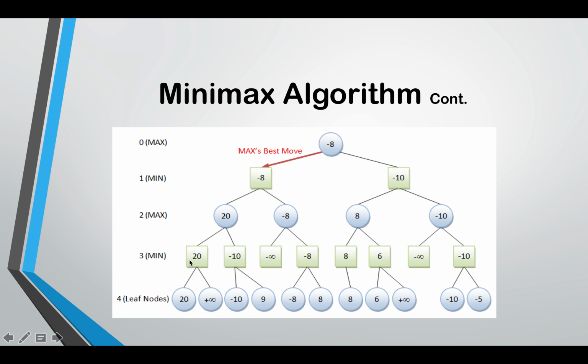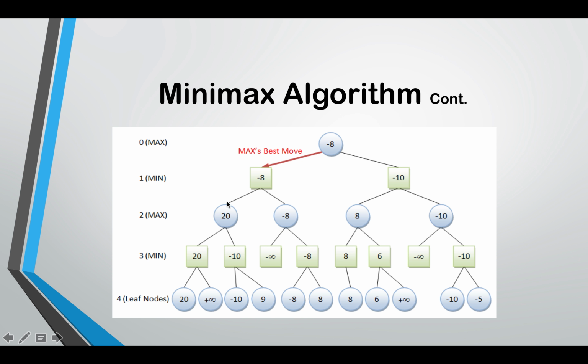For example, here the min is calling the terminal nodes, so it will choose the minimum of those values. Then here the max will choose the maximum of these values. This goes on in a recursive way, and finally the max chooses the maximum of the minimum values which were chosen by the min.